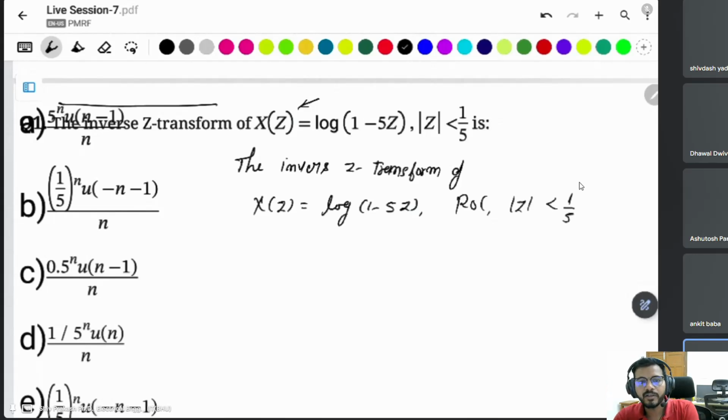How can you find the inverse transform of this system? The system is X(z) = log(1 - 5z).